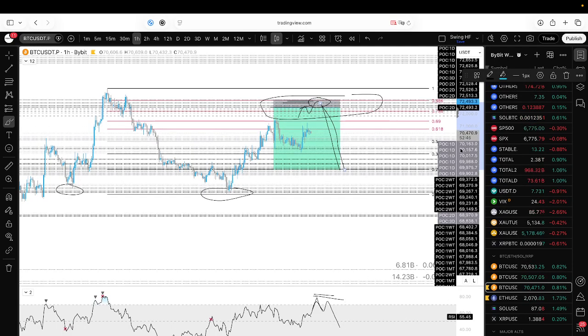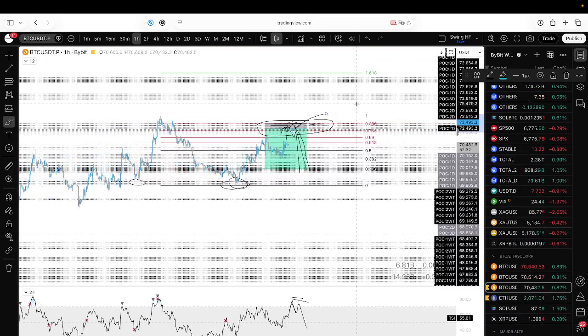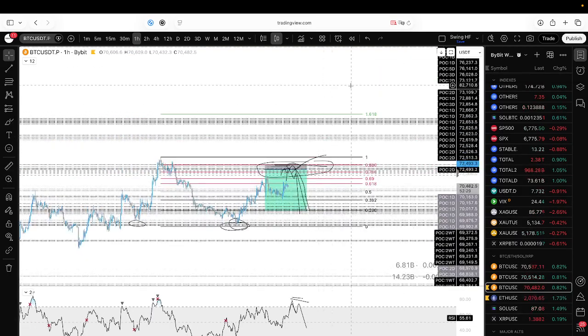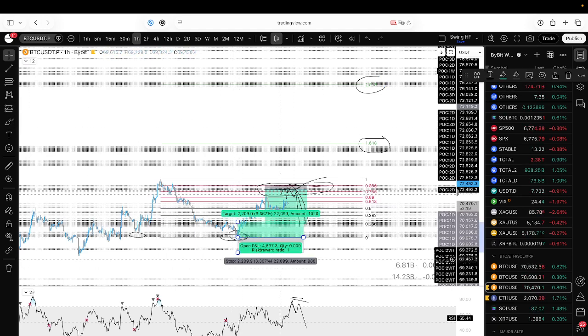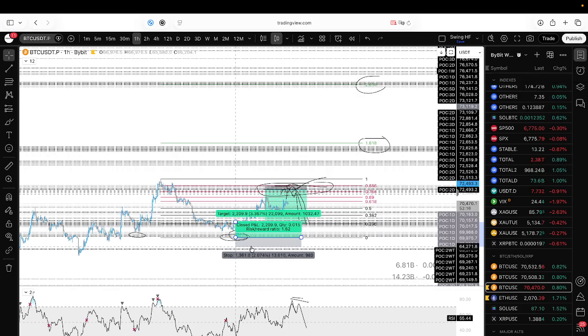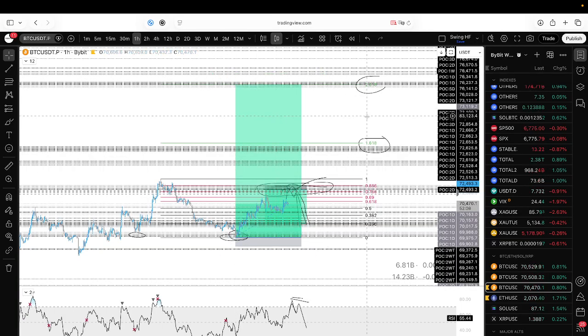At that point, imagine the perfect plan would be being in this long, trying to get this short that if it gets invalidated, you can take profits on higher Fibonacci levels, like here and here. Imagine if we were long at the bottom with a stop loss around here, you would get a 16R position, okay?